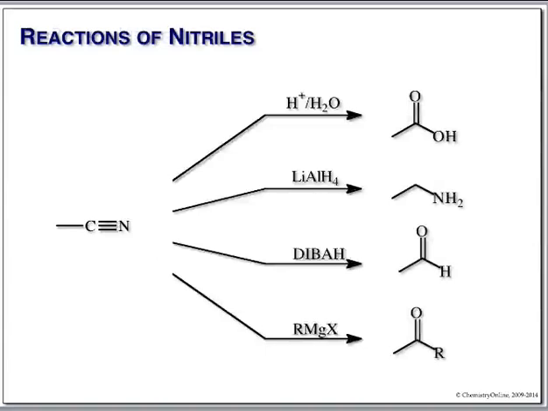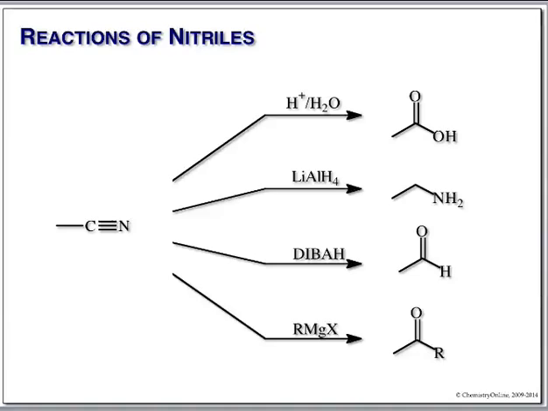If we take a nitrile with LiAlH4, we convert this carbon into a CH2. So we make the amine. This is diisobutyl aluminum hydride. It's like LiAlH4, except it is a really rotten reducing agent. This will take the nitrile and stop at the aldehyde.